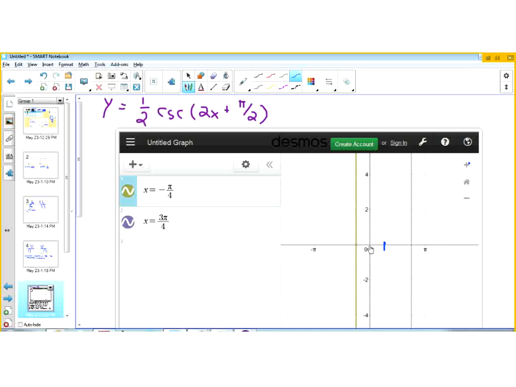Let me think about that. This is pi fourths, this is negative pi fourths, so the midpoint is 0. The midpoint of the first half interval of the period of the sine function, the output is 1.